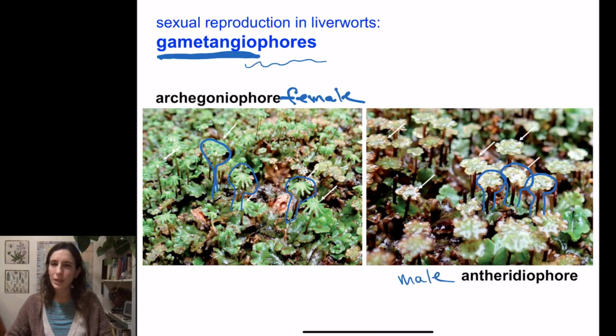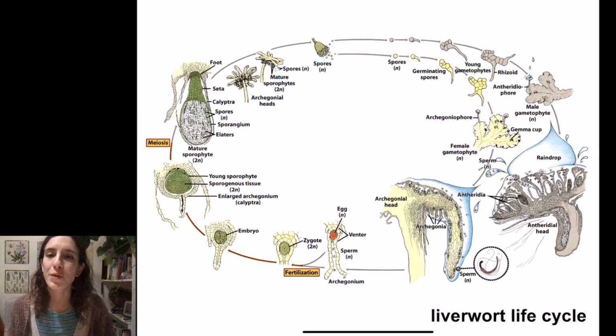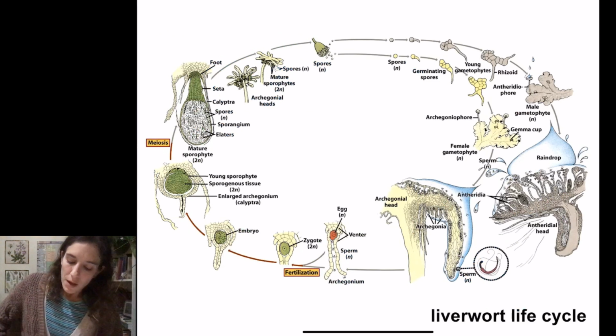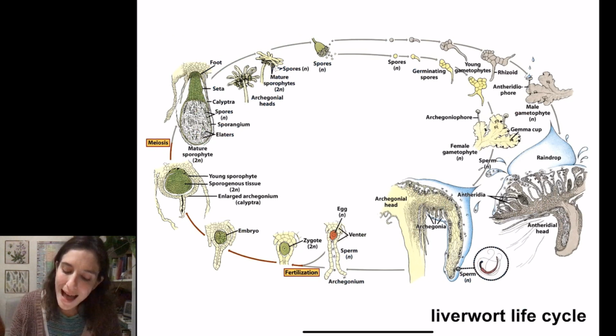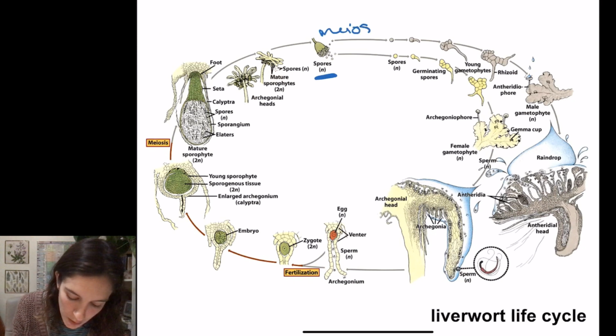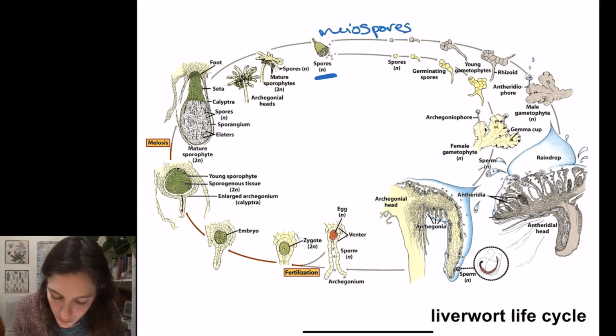So this isn't a totally brand new set of terms to remember, because the antheridia, the archegonia, and the gametangia were already known to us. The -phore is just a structure that holds those structures. These gametangiophores are found on the thallus. Just like in mosses, we've got our meiospores that to the naked eye look the same.